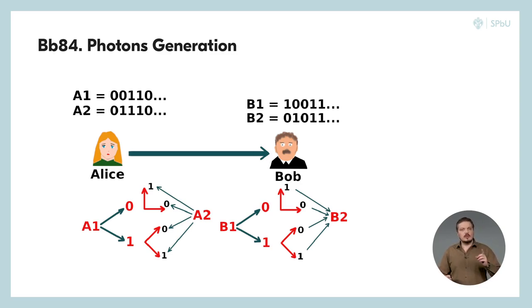Now, if the corresponding bits in the A1 and B1 sequences are equal, then for the photon generated using this bit, Bob guesses the right measurement basis, and he obtains the correct bit of the sequence A2 generated by Alice. For those bits that differ in A1 and B1, Bob obtains a completely random result for the measured bit. But at this step, Bob does not know which bits are correct and which are not, so he carefully saves all his measurement results.